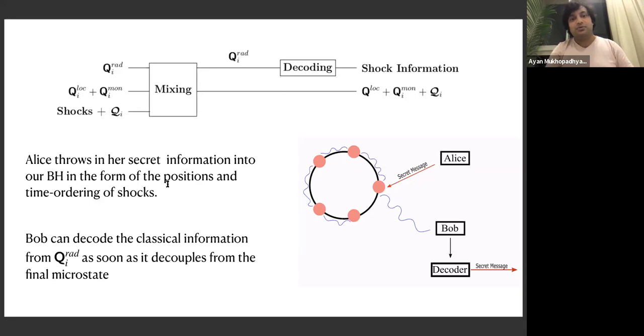So you can decode where she shocked, and also what the time ordering of the shocks was. This is another way to see it: we have Alice throwing in some secret message, and this non-trivial dynamics, then this hair oscillation decouples from the interior, and Bob applies his decoder and decodes this message.